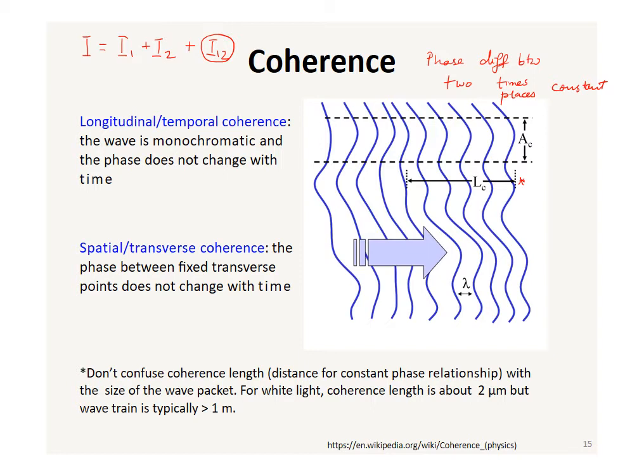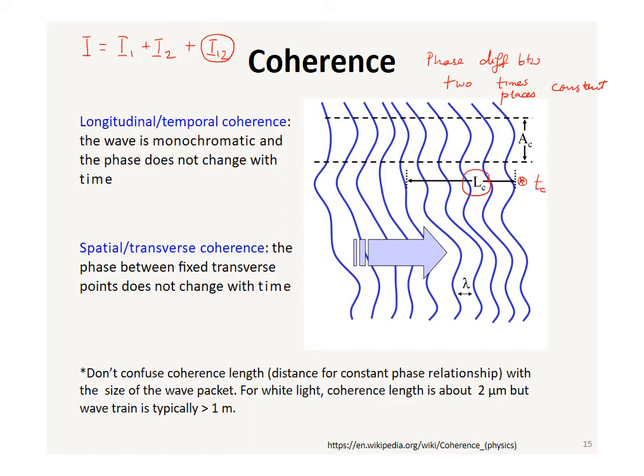So the distance over which the light wave oscillates in a regular, predictable way is called the coherence length. And the time interval that it takes for this length to go past us at a fixed point is the coherence time.